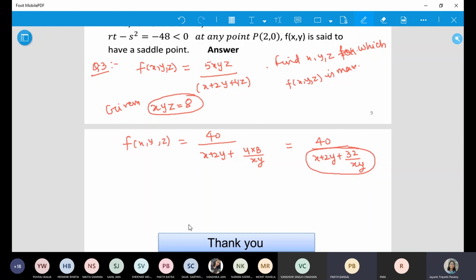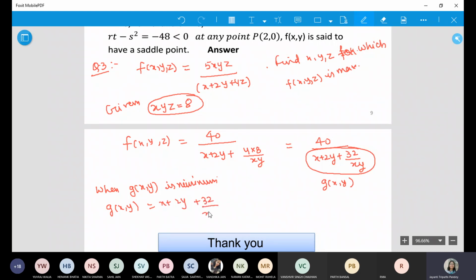So actually what you have to find are the points for f(x,y). If I mark this as g(x,y), you have to find out when g(x,y) is minimum. So the question is indirectly asking you to find the minima for g(x,y), and g(x,y) is x plus 2y plus 32 by xy.